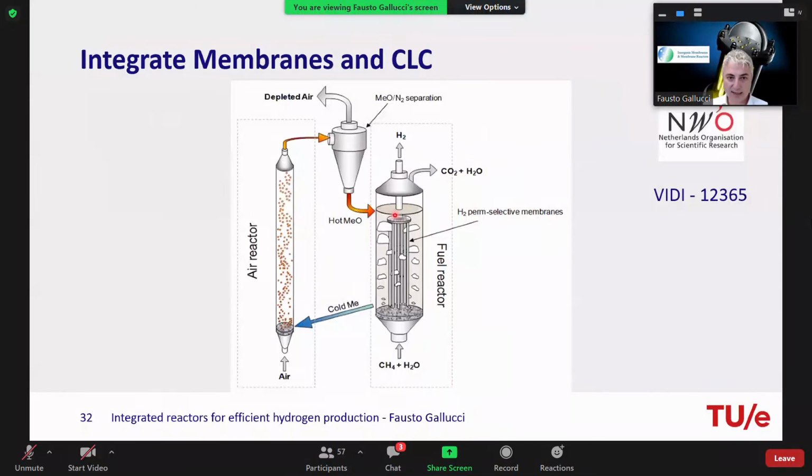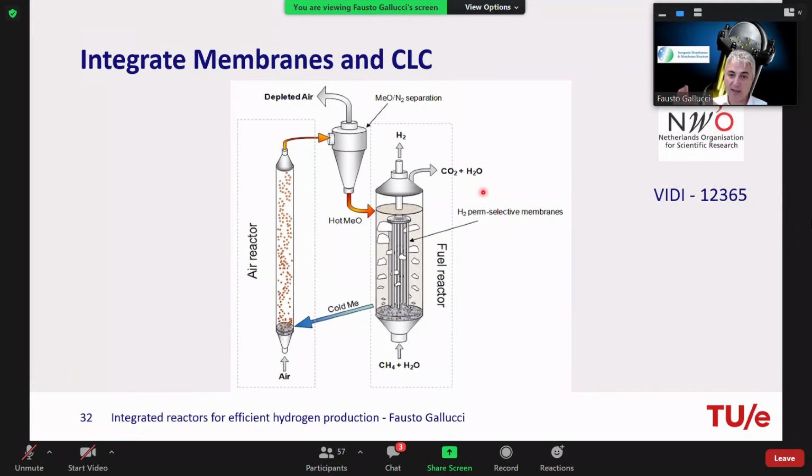If you take a black box around the system, you feed air, methane, and water, and you get hydrogen, CO2, and nitrogen. The only difference is that if you zoom in, you have pure hydrogen on one side, pure nitrogen on another side, and pure CO2 on another side.